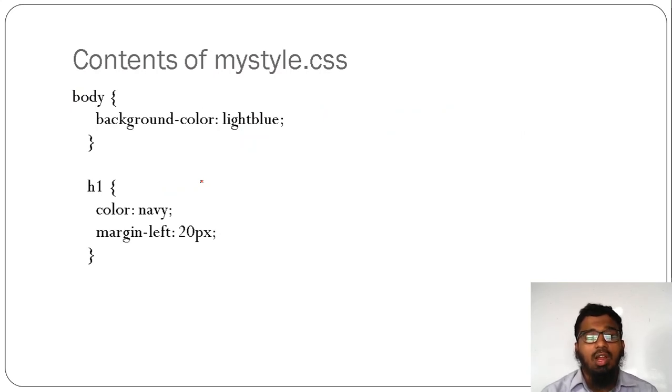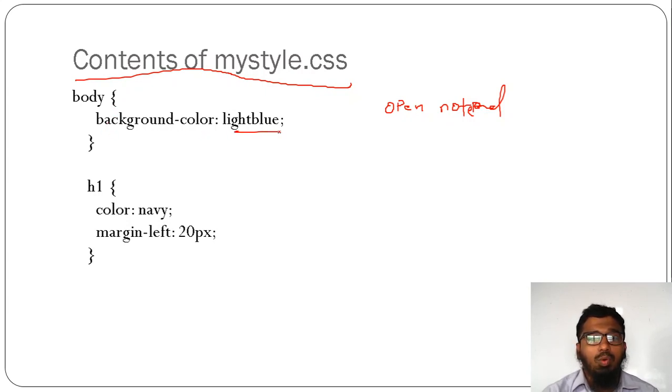So in the external, how will you save the file? Open notepad and write all this code. Body, curly bracket open, background color is light blue, close.